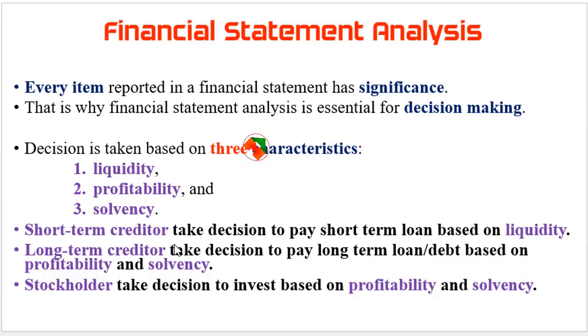Short-term creditors decide whether they should provide a short-term loan, and long-term creditors decide whether they should provide a long-term loan or debt, and stockholders decide whether they should invest in a share or a stock. Based on liquidity, profitability and solvency, the stakeholders take decisions. Those characteristics can be found by analyzing the items of financial statement.